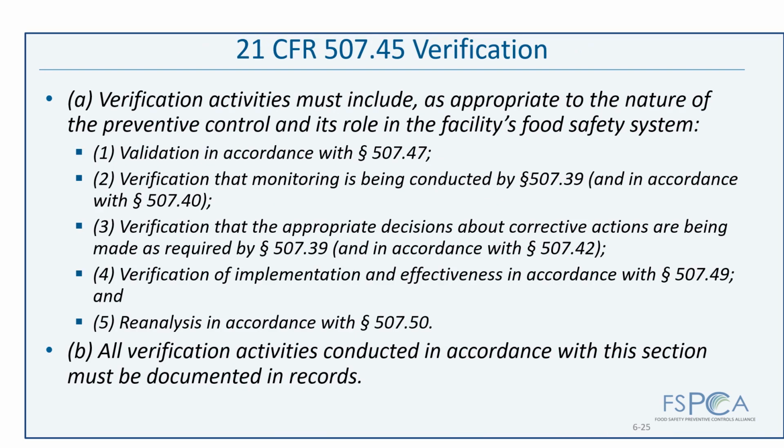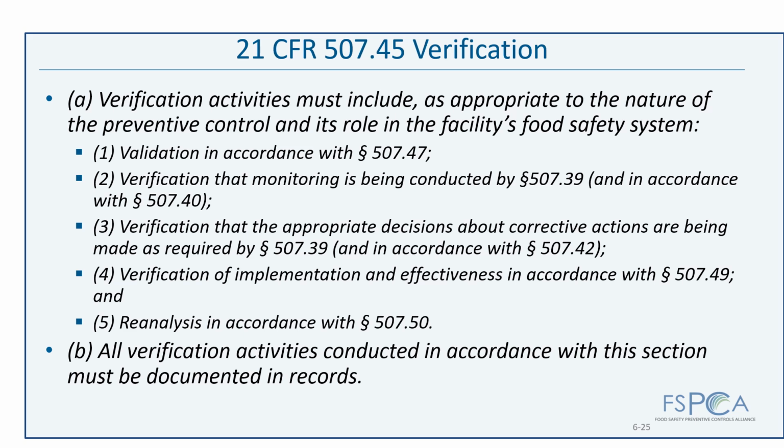Here is the actual text of the regulation going over the verification section, part 507.45. Verification activities must include, as appropriate to the nature of the preventive control and its role in the facility's food safety system, validation in accordance with the validation section, verification that monitoring is being conducted, verification that the appropriate decisions about corrective actions are being made as required by the corrective actions section, verification of implementation and effectiveness, and reanalysis of the food safety plan.